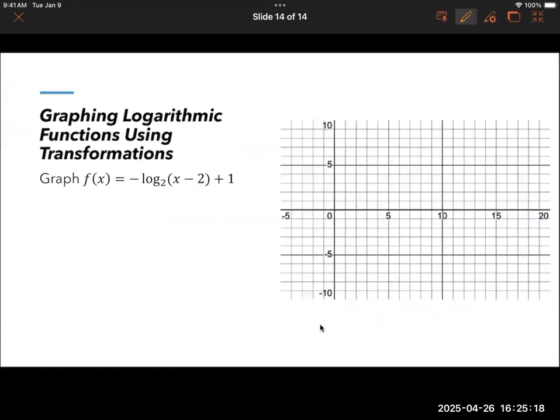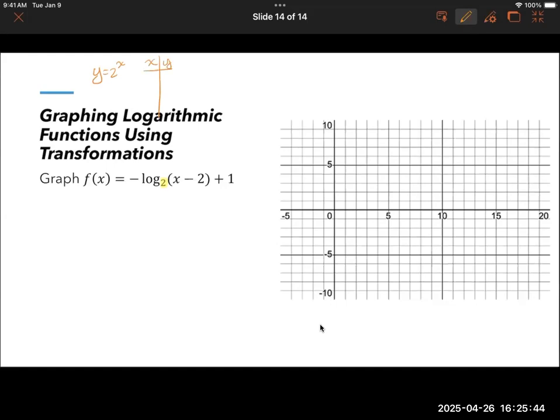Now, to do logarithmic graphing with transformations, again, I would really recommend that you start by looking at what your base is. So here we have a base of 2. So I would just kind of off to the side say, all right, so if I did y equals 2 to the x, kind of what points would I be using?